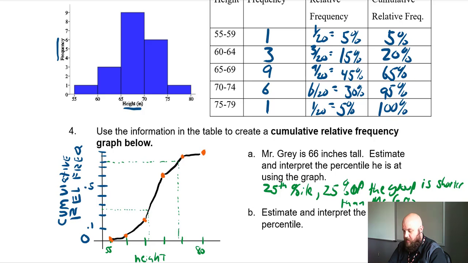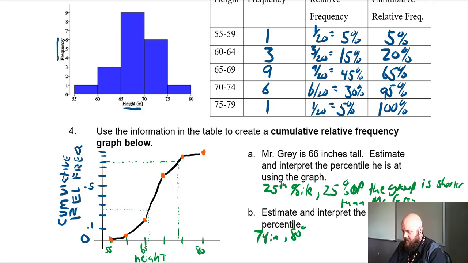Okay. So with that, we have 60, 65 is right here, 70, 75. So it looks like it's maybe about 74 inches.